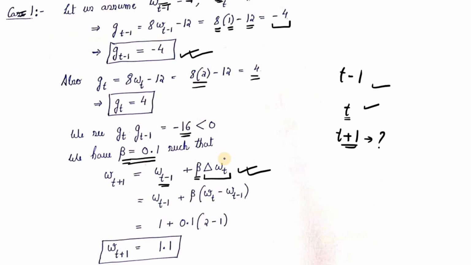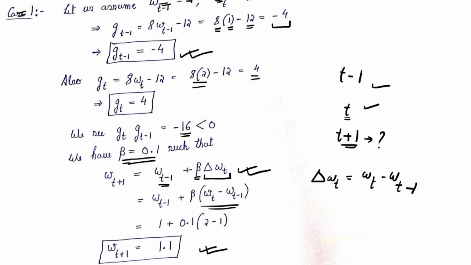So the successive difference of w(t) is equal to w(t) minus w(t minus 1). We write it over here. Now we put in the value of w(t) as 2 and the value of w(t minus 1) as 1. We substitute and we get the value of w(t plus 1) as 1.1.